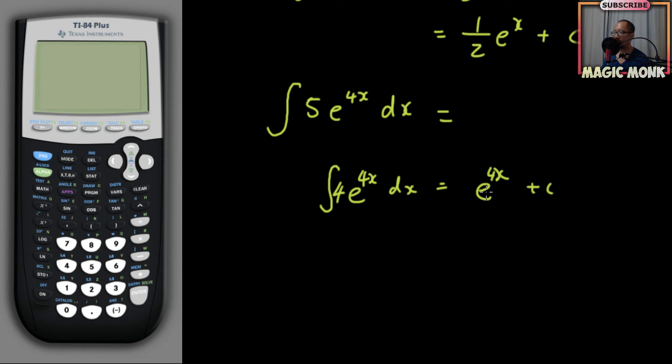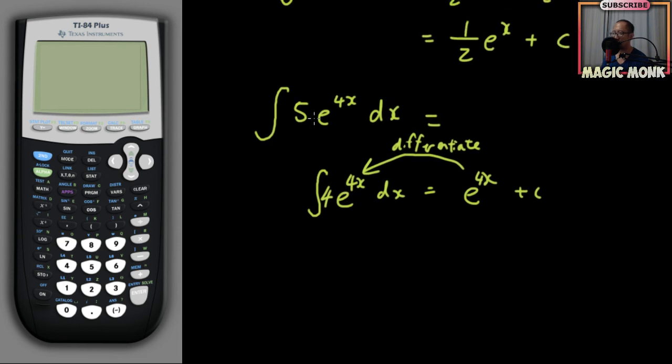Right? Because if you guys remember, when you differentiate, which is going from here to here, you have to differentiate the outside and the inside. So you differentiate the inside, multiply at the front, you're going to get a 4 at the front. So then what happens is, instead of a 4, this is a 5.